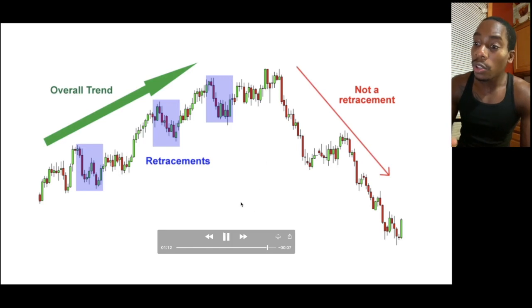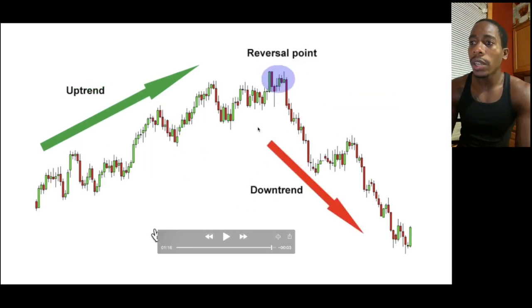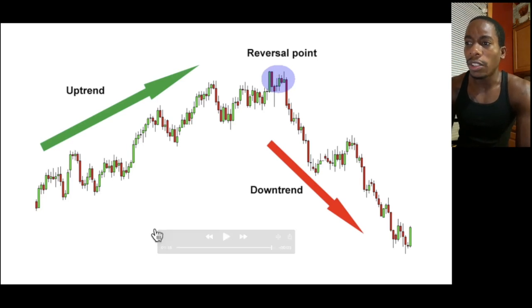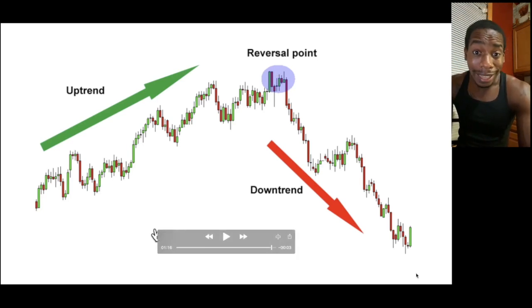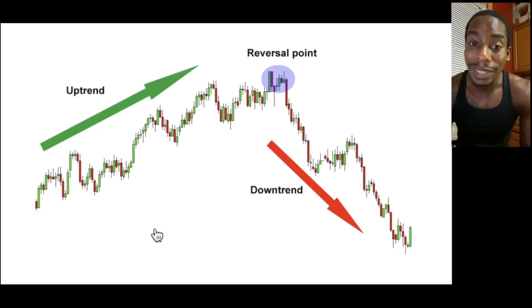And when we do see a reversal and understand that, hey, this is an actual reversal here, what I'm going to do is finally sell at this reversal point, and guess what, I'm going to make a call on it going down, and I'm going to ride that reversal down and make money. Yes, ladies and gentlemen, we'll get into that also, how you can make money going downward.